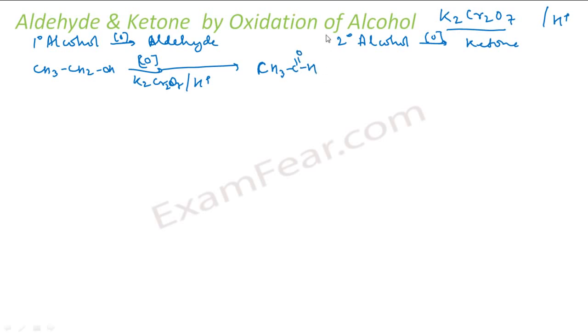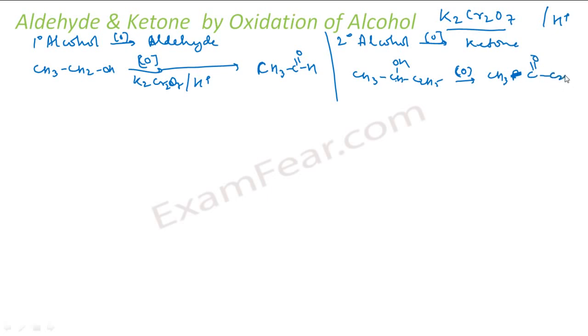But the ketone, this part I can show you. If I take, let's suppose, a 2 degree alcohol, something like this, the OH, and I oxidize this. If you see, this is a 2 degree alcohol, because this carbon is attached to 2 other carbons. When you oxidize this, you get CH3, C double bond O, C2H5.